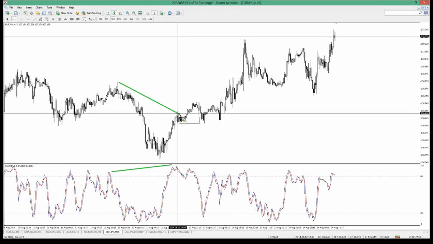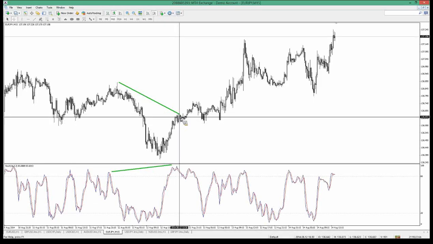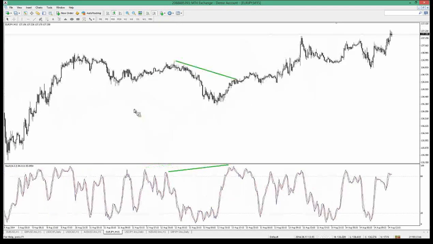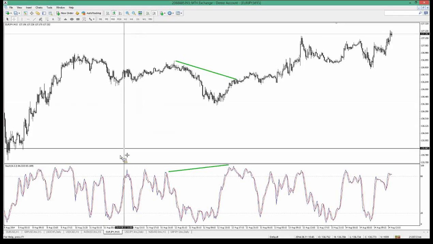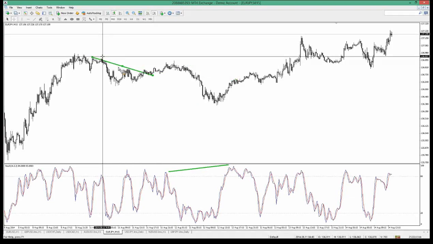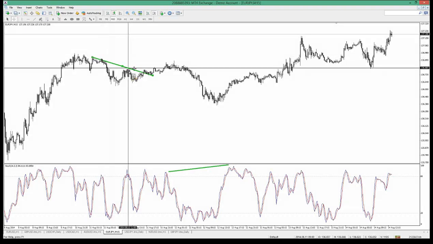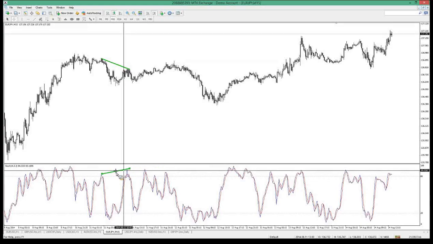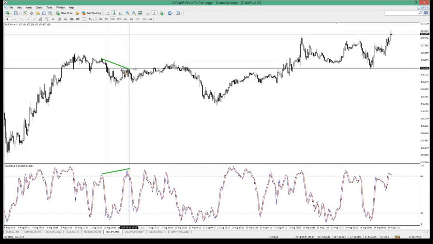It's more corresponding like that. Okay, another one there, moves higher, price lower.